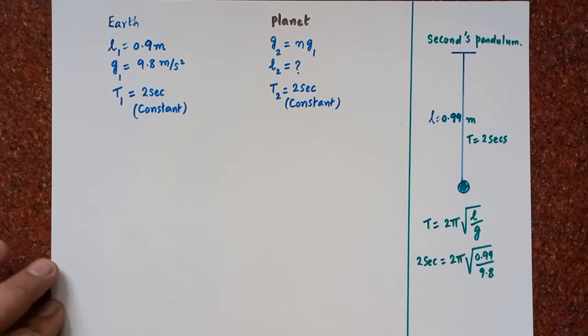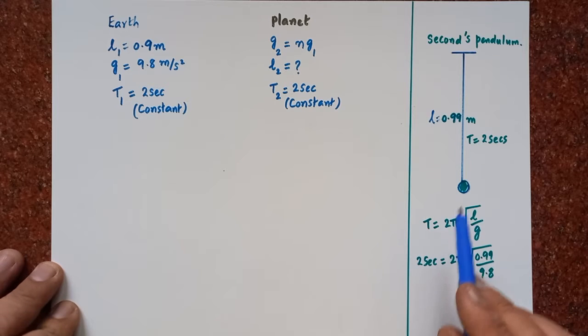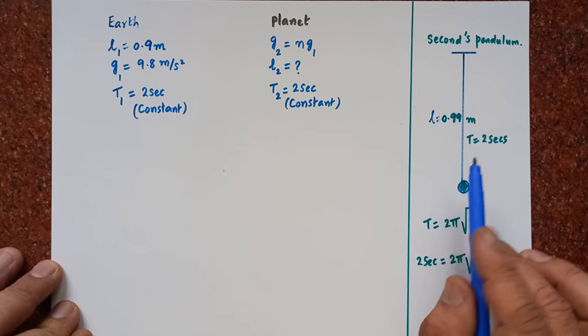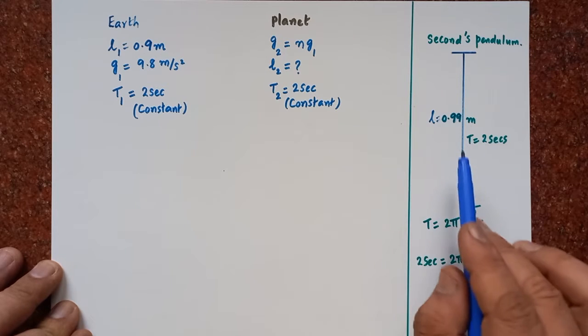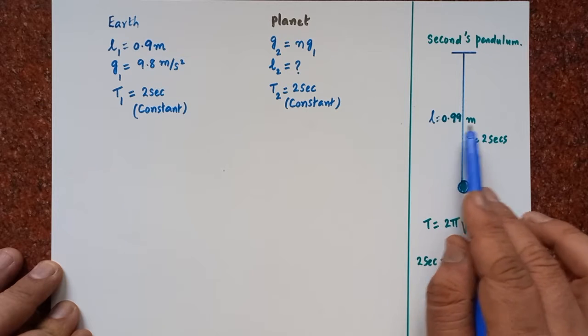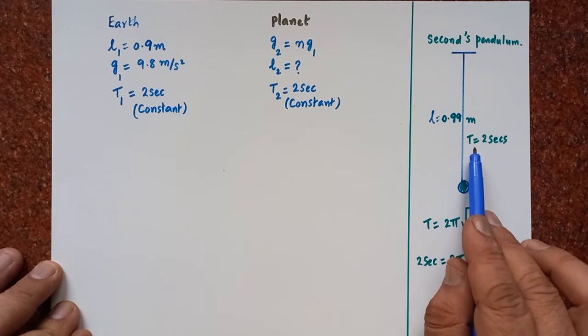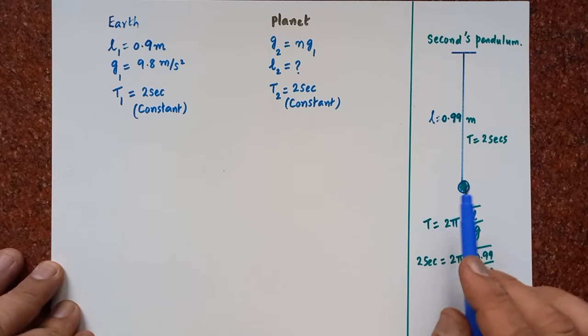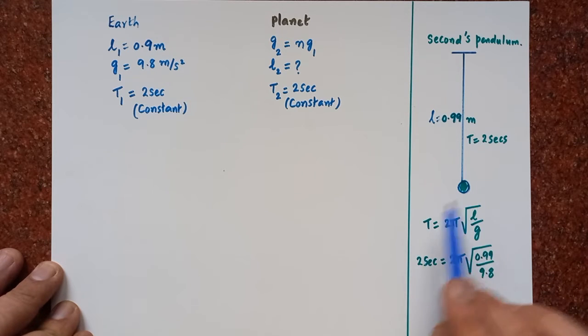First we will explain the problem, later we will solve. First you should know the meaning of the second pendulum. In the case of a second pendulum, the length of the pendulum must be 0.99 meter, that is 99 centimeter, and the time period of the pendulum must be 2 seconds. Only then will such a pendulum be called a second pendulum.